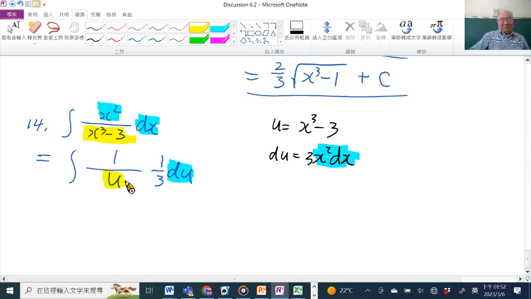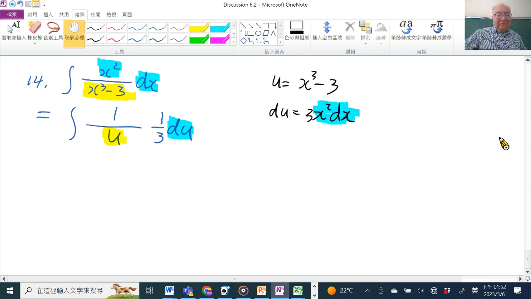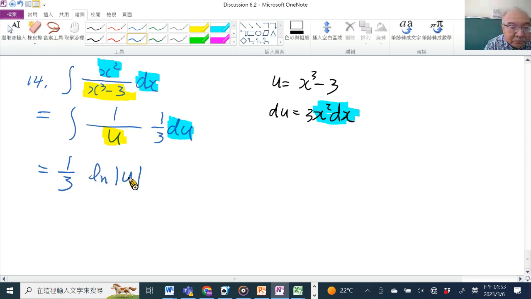All right. Now, the basic rules, including the 1/3 constant multiplication, and also rule number 6, right? Logarithm. So we have ln of the absolute value of u plus a constant c.